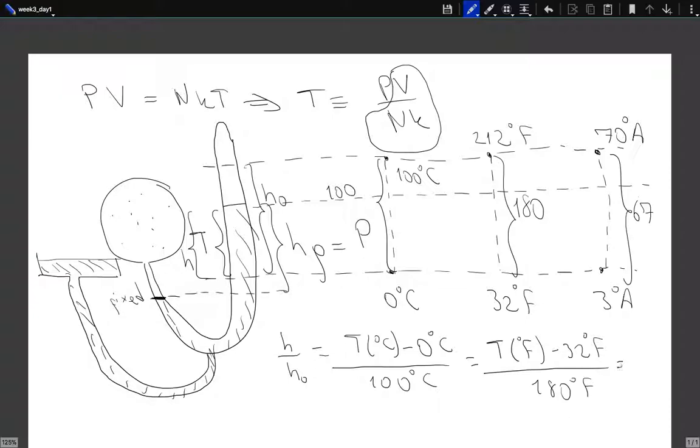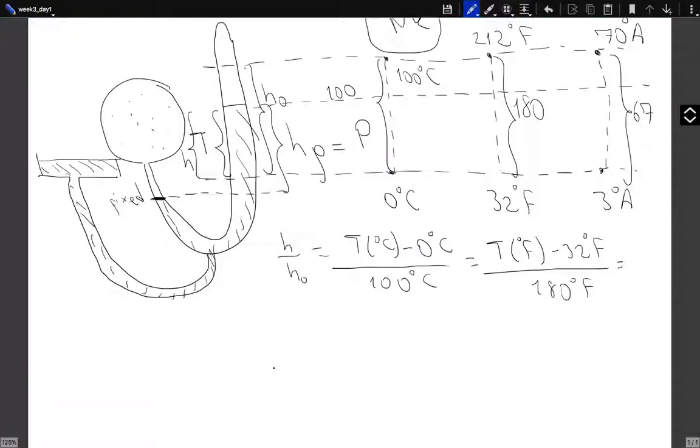Or you can also say that this is equal to your temperature in units of degrees alto minus 3 degrees alto divided by, no, not 180, 67 degrees alto. So this will just allow you to change from one unit system to the other unit system.